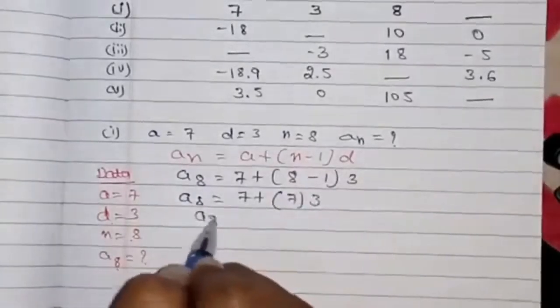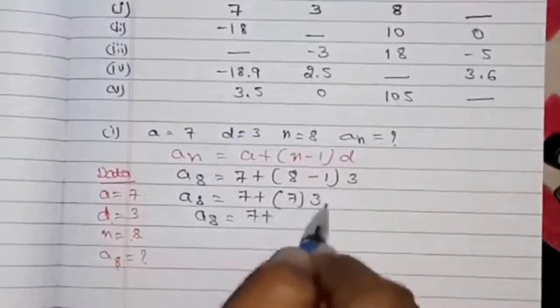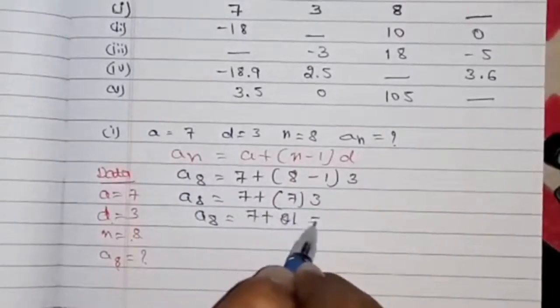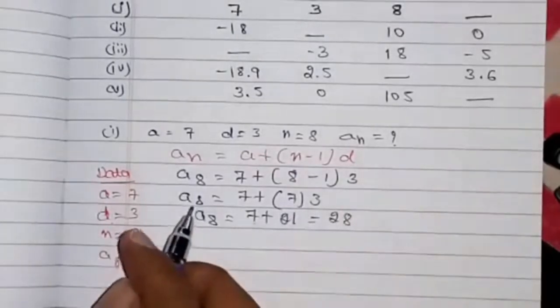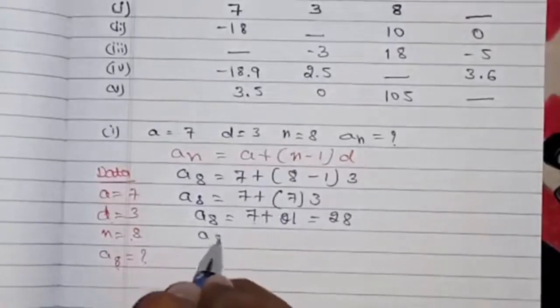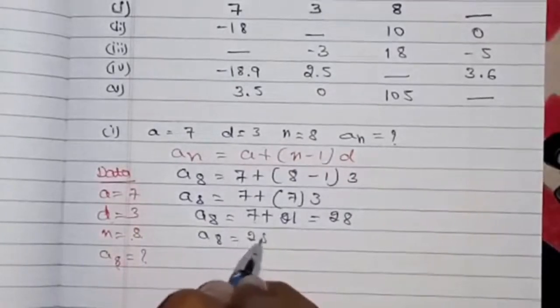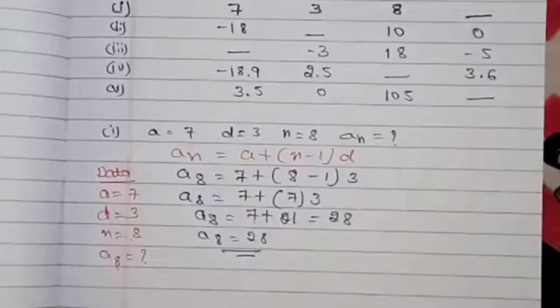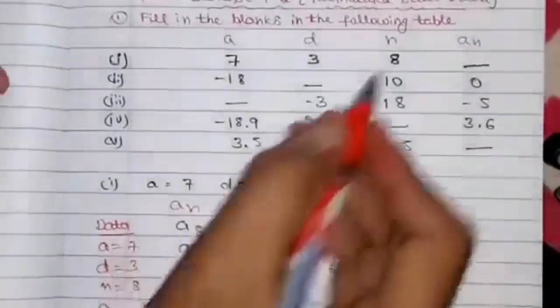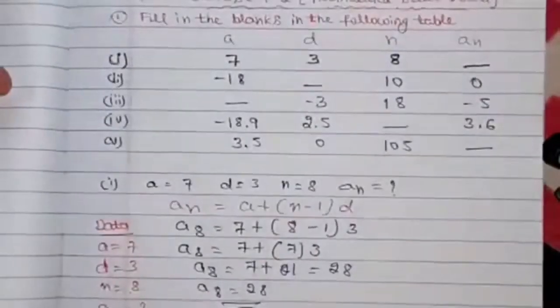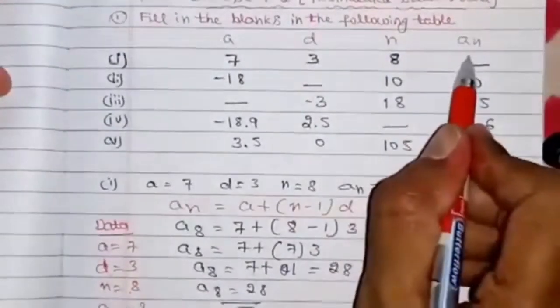So a8 equals 7 plus 21, which is 28. So the a8 term is 28. That is what you need to fill in this box. The answer is 28.